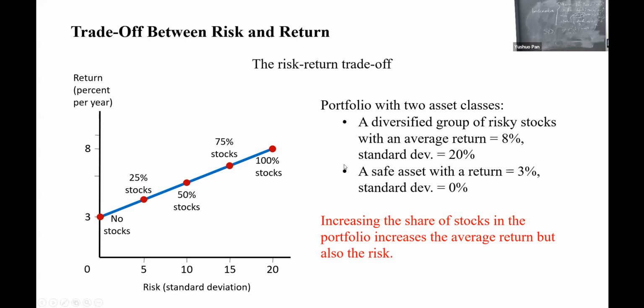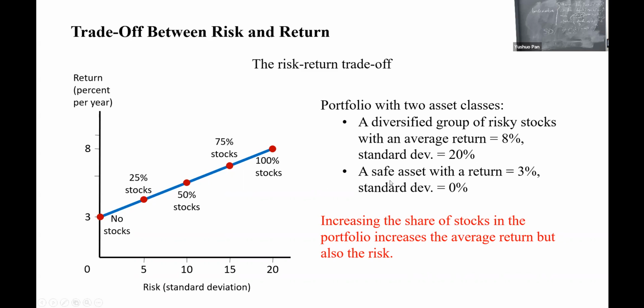Portfolio with 2 asset classes: a diversified group of risky stocks with an average return of 8%. If the standard deviation, or you can imagine this as the risk, is 20%, then the average return is 8%. This is based on history, the last 200 years of data.